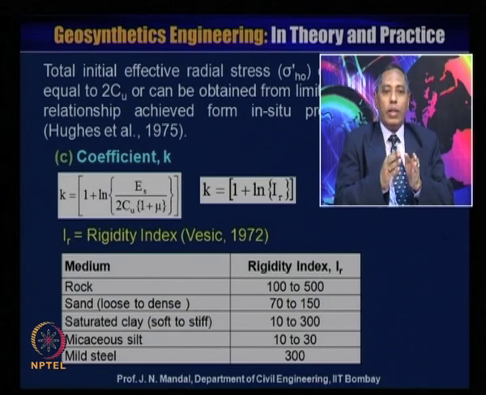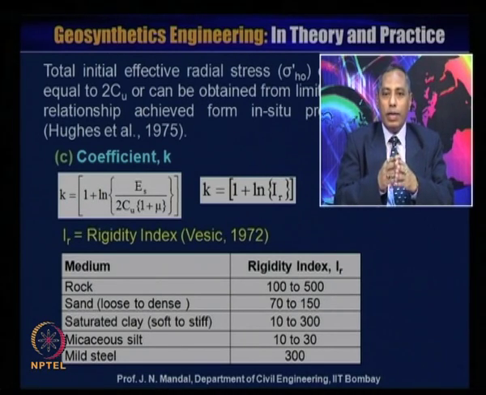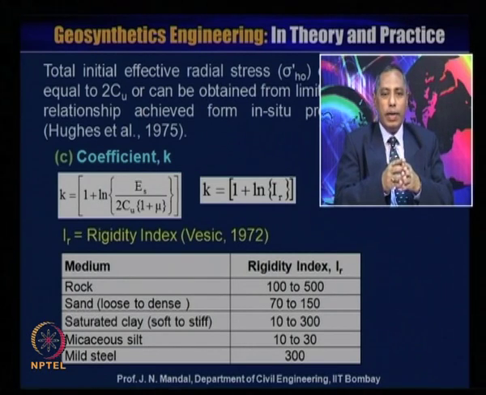Now, depending on the medium, what would be the rigidity index? If it is rock, the rigidity index is 100 to 500; sand, loose to dense, 70 to 150; saturated clay, soft to stiff, 10 to 300; miscellaneous silt is 10 to 30; and mild steel is 300.